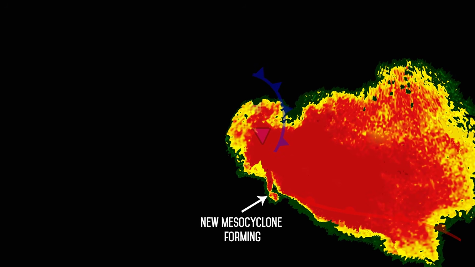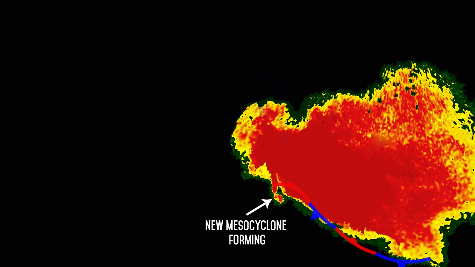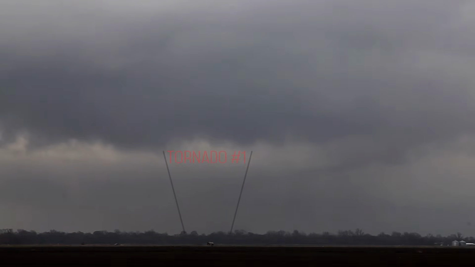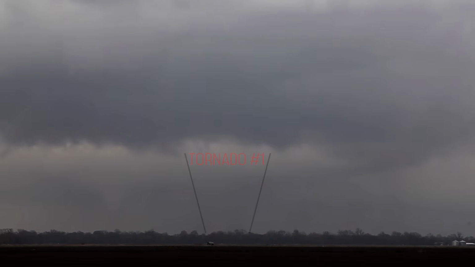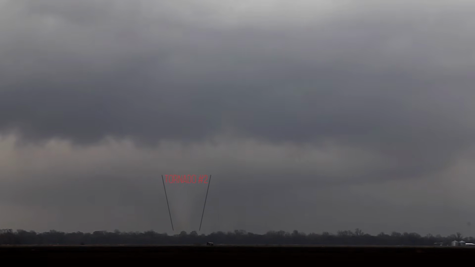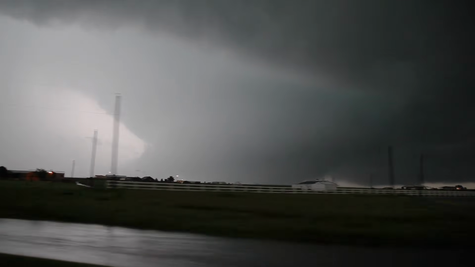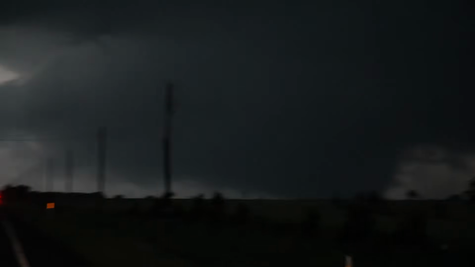A new mesocyclone is forming and will go on to produce another tornado. These types of supercells can continue to cycle and go on to produce tornado after tornado after tornado.